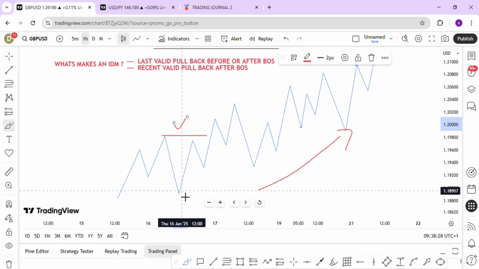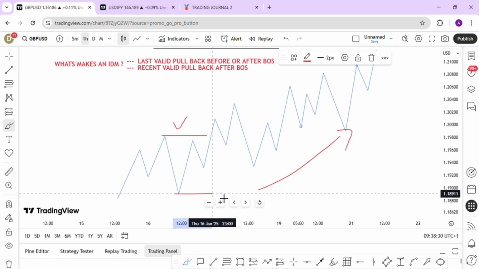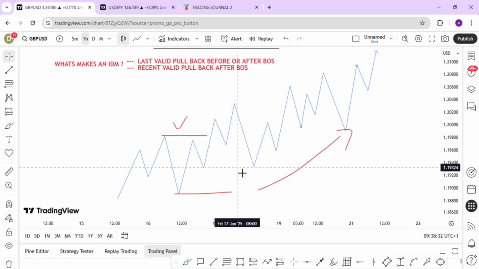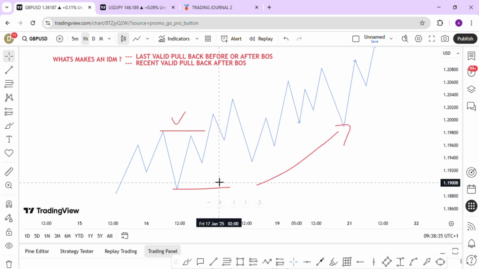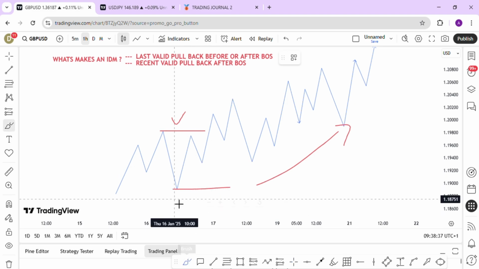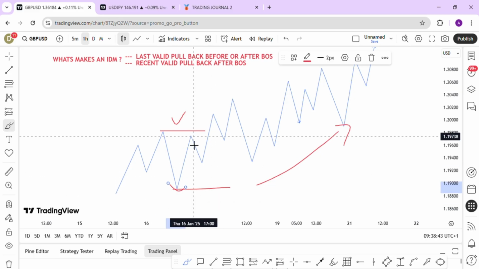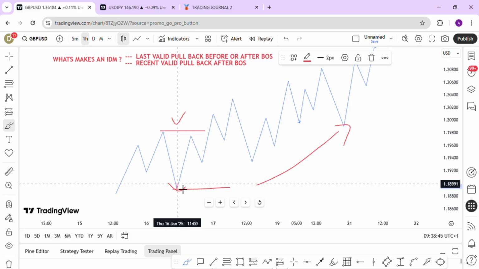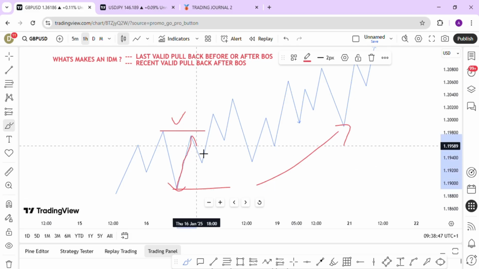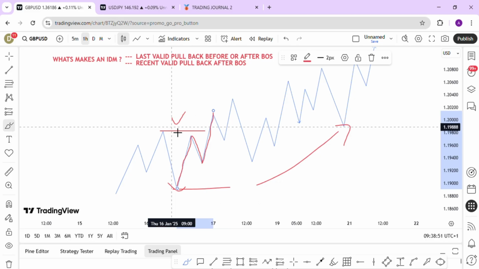Now, as you see, this is the low that the market created. So this low must be protected. This is our trading range low. Now, if we trace this movement to the upside, you see that immediately we had a break of structure here.